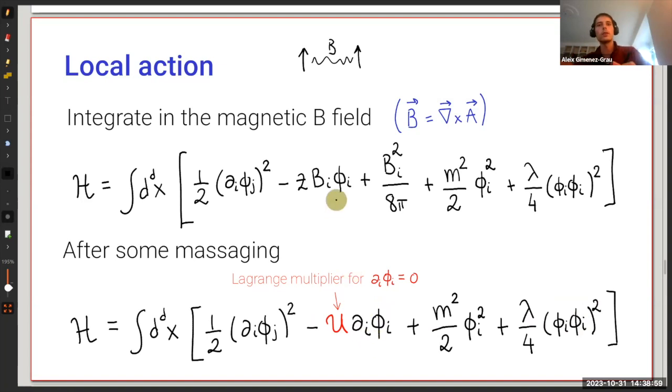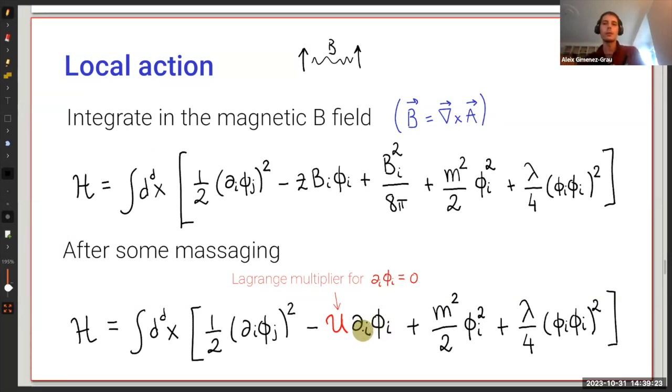So what I'm showing is that the Hamiltonian I was talking about, we can transform it to some other Hamiltonian which depends on some new field B. And then after massaging a little bit, I obtain that this is equivalent to just having our original Heisenberg model with the local constraint that d_i phi_i is equal to 0.